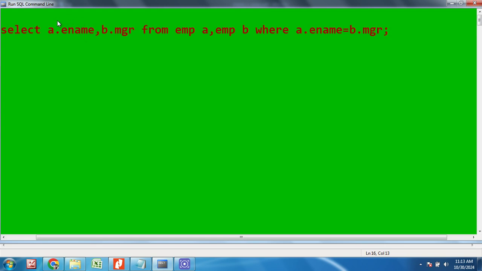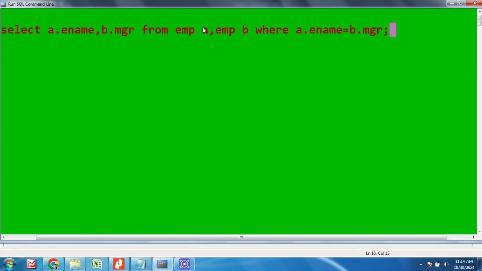So this is the first table, a dot ename, and this is the name of the second table, B. The first table name is A, the second table name is B. So a dot ename comma b dot mgr from emp A. Another name for the emp table is A, another name for the emp table is B. So from A we have to see ename, and from B we have to see mgr. This is the alias name of the EMP table, and this is another alias name for the same EMP table.